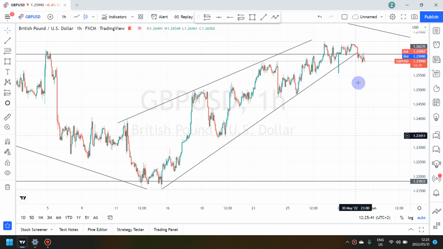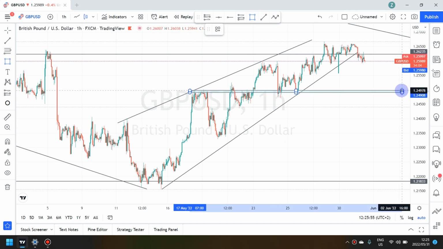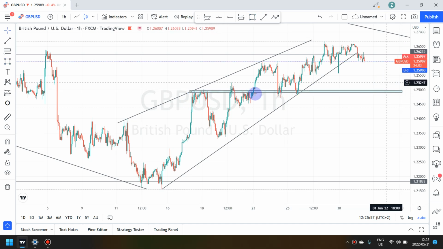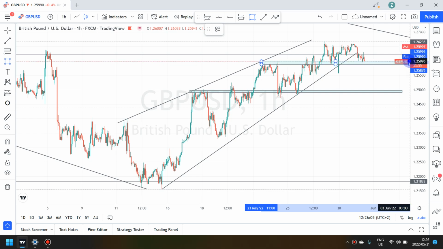So this is my trend lines for the hourly time frame on the GBPUSD pair. Another thing, I want to spot my support and resistance zones. This is a strong zone that I cater for, and also this is another strong support zone that I want to cater for.